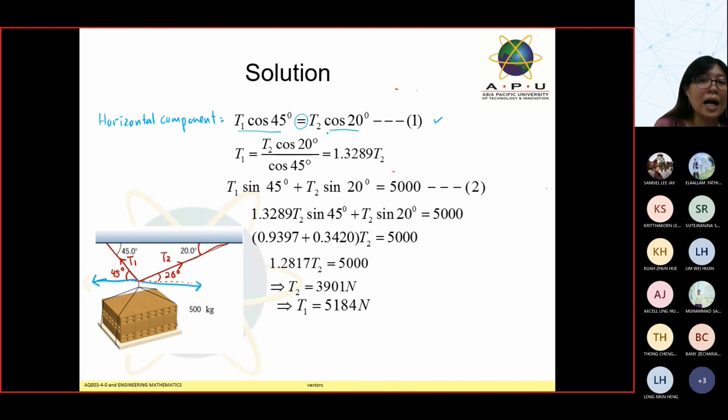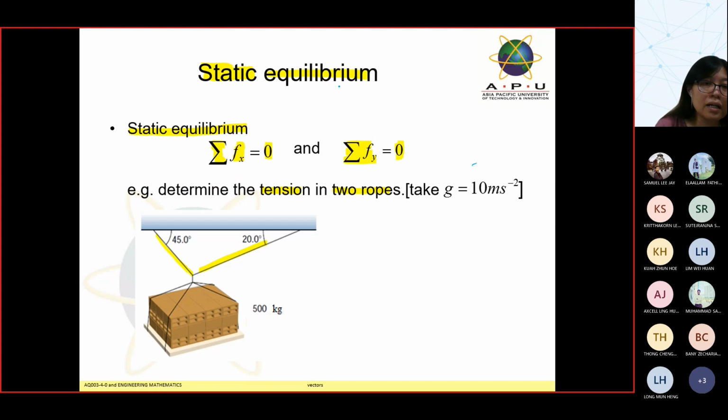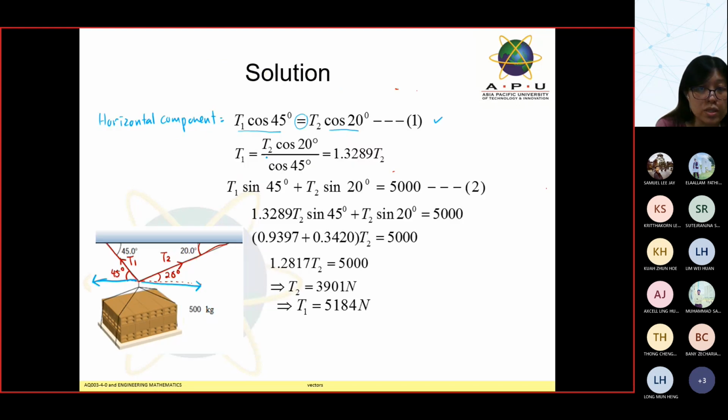So they are equal. And remember, just now I said that the total horizontal is equal to 0. So we are applying the same concept here as well. When you look at the horizontal component, we have T2 cos 20 pointing to the right. Then we have another one pointing to the left, so we add the negative of T1 cos 45.